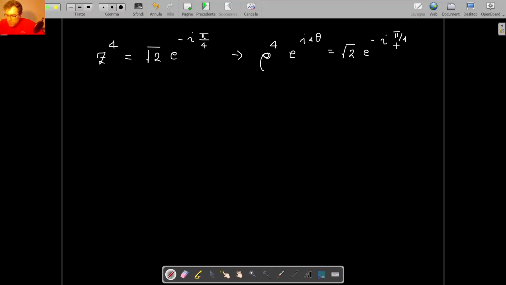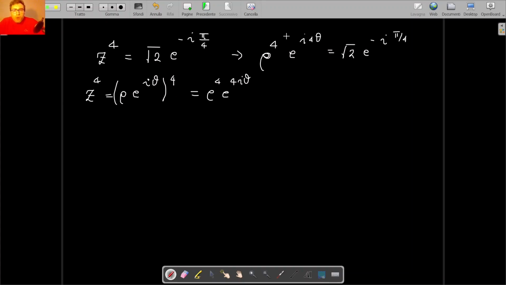Obviously the link between this writing and this one is that we can write z as rho which multiplies e raised to i theta. Then when we take the 4th power, we have to elevate this whole expression to the 4th power, and we have rho to the 4th power e to 4i theta, and this is exactly what we have here.